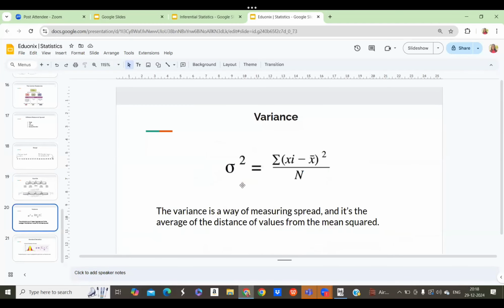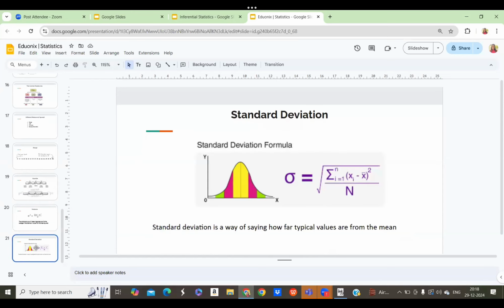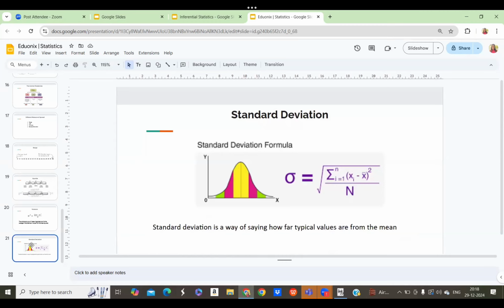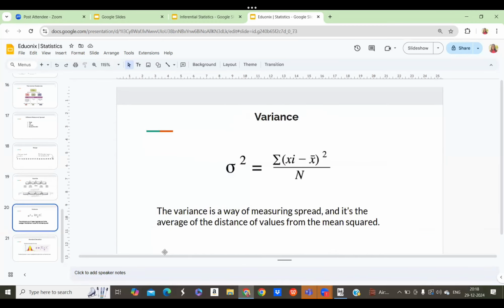Moving to variance. Variance का फॉर्मूला आपको थोड़ा बहुत याद रखना है. So this is the formula. I will show you how to do it. And another thing is standard deviation. The difference between variance and standard deviation is that one we get with the square, one without square. Okay.